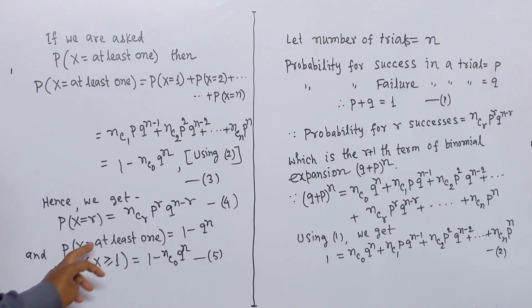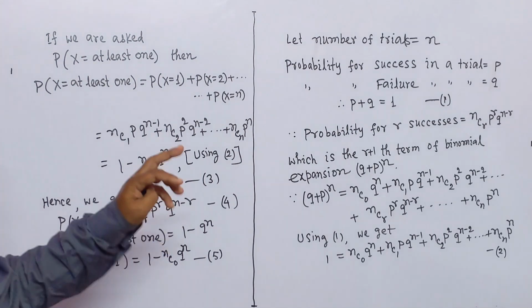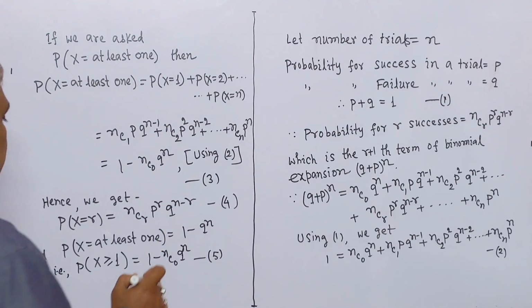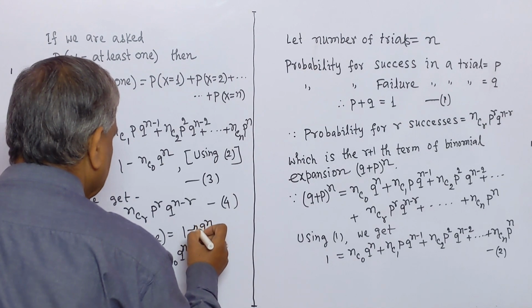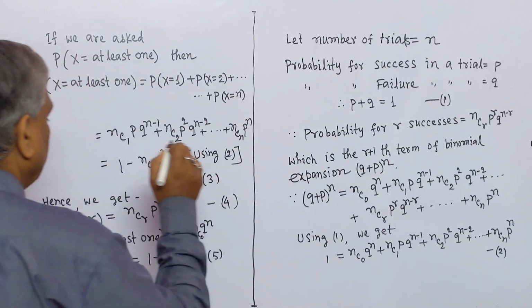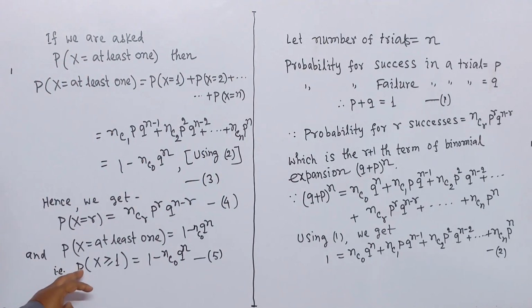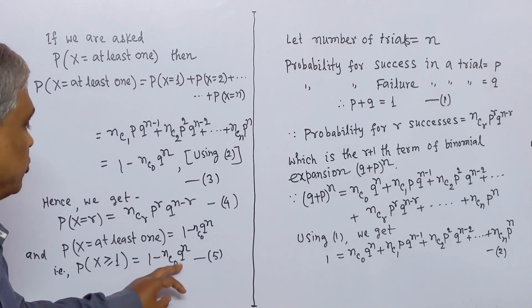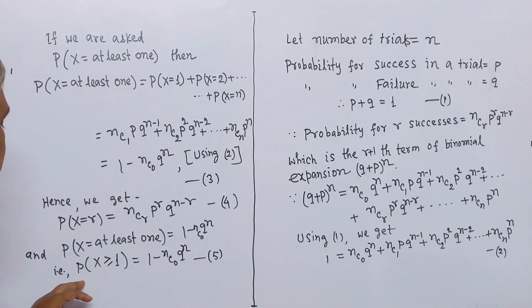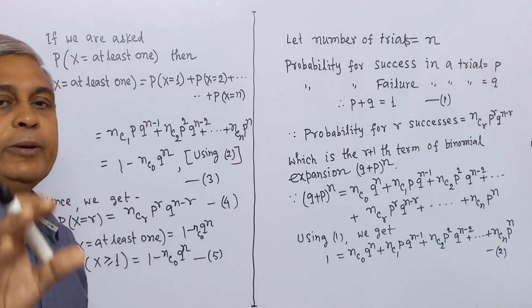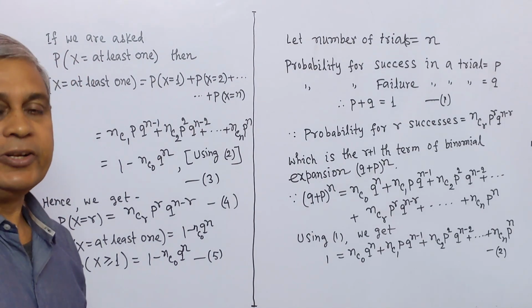Again, probability for x equal to at least 1 equal to 1 minus nC0 q to the power n. That is, probability for x greater than or equal to 1 equal to 1 minus nC0 q to the power n. And this result will help to solve another type of problems in binomial distribution.